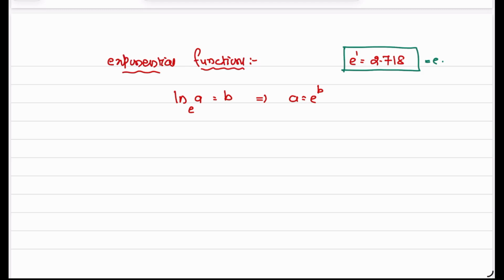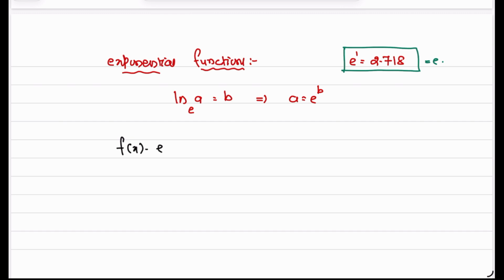Any function dealing with e to the power of x is an exponential function. This can be f(x) equal to e to the power of g(x), some other function of x. g(x) can be a trigonometric function, another exponential function, or another logarithmic function.